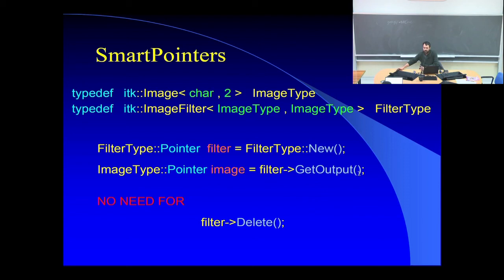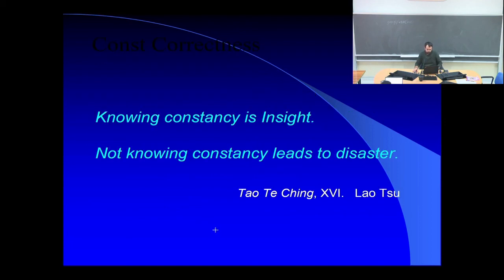The input, we haven't done it. That's just a piece of code, that is not the entire thing. We're going to see that in a minute, an example. But this is more on the basis of how smart pointers work. You create a new, and there's no need to do a delete of the filter in this case. More or less? Understood?